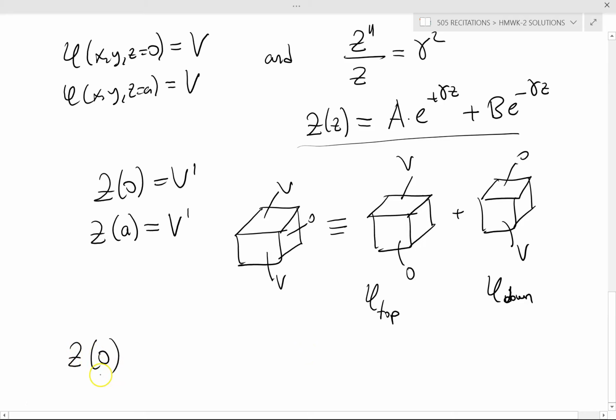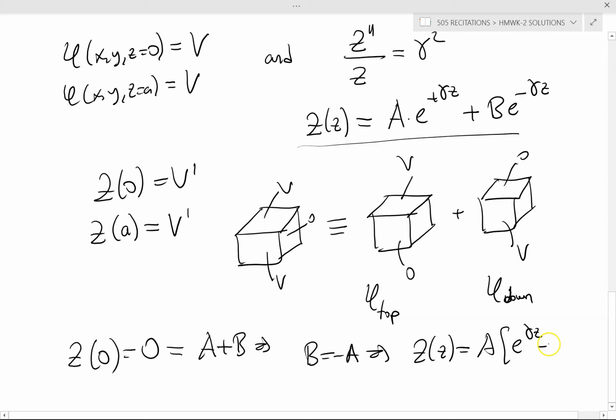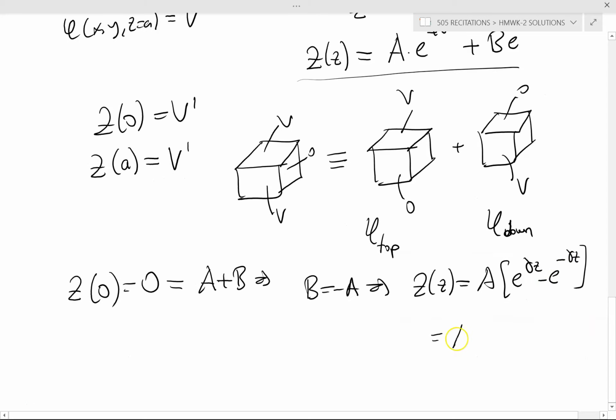For instance, at z equal to 0, we need to satisfy it to be equal to 0. So A plus B equals 0, which means that B is nothing but minus A, which means that Z(z) is in the general form of A e^(gamma z) minus e^(-gamma z), which can be re-expressed as, let me call this A prime, in fact it's 2A, sinh of gamma z.